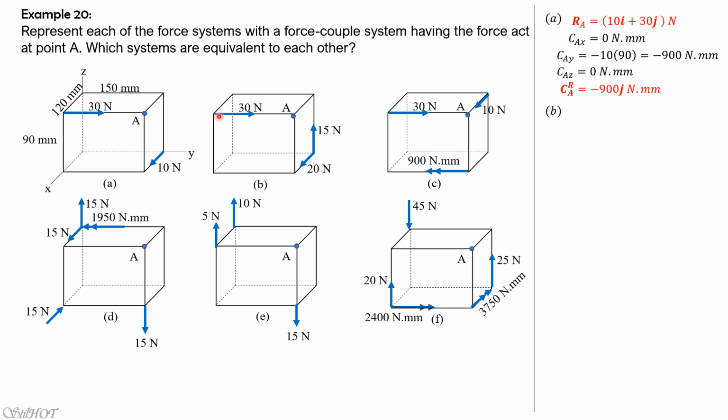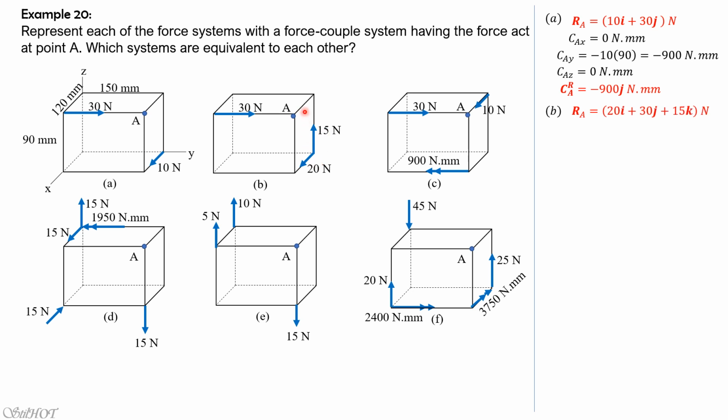In B, we have three forces here. So 20 is positive, it's towards the positive x-axis, so 20I. Then 30 is also positive, plus 30J. 15 is also towards the z-axis, so plus 15K. So the resultant force acting at A is equal to 20I plus 30J plus 15K Newton.